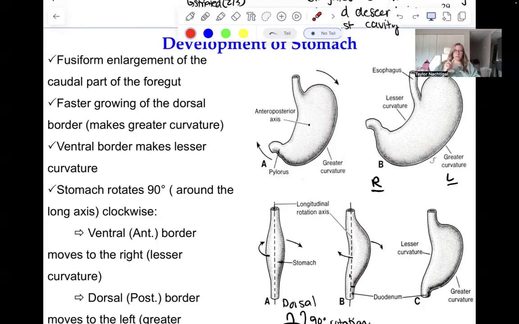But at this point, the stomach isn't oriented to the side like this. It's basically straight down the middle and it's growing in this J shape outwards. So the lesser curvature is facing ventral and the greater curvature is facing dorsal, or to the back.